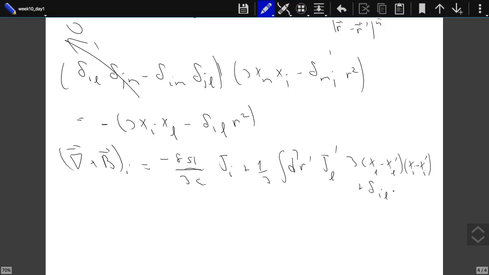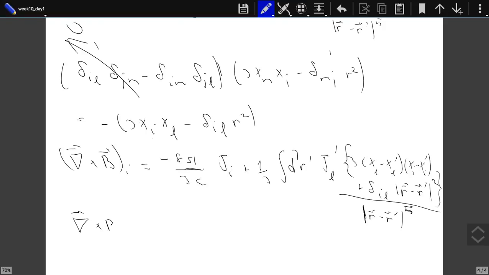Plus the Kronecker delta i l, r minus r prime squared, divided by r minus r prime to the 5th. Now, we have to simplify that integral, and remember, we should still get some J's from there, some Dirac deltas from that last term.